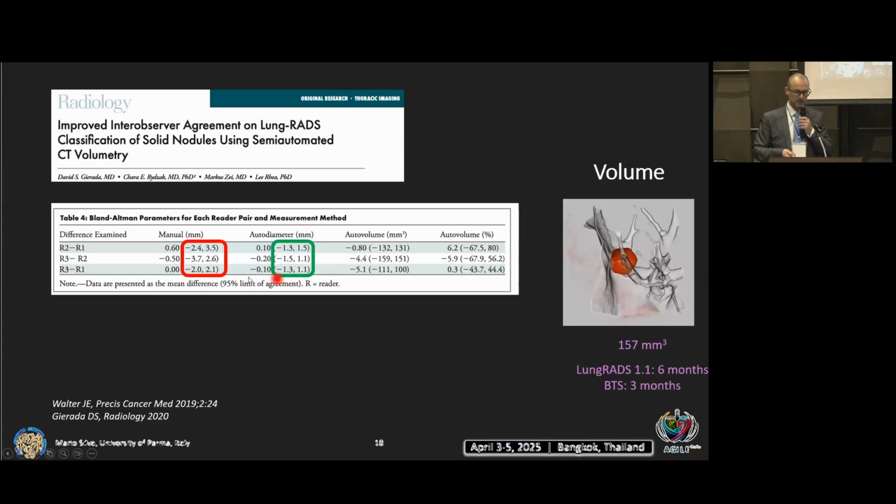So you will find a difference of 3 times, 2 to 3 times. And this is extremely important because we would really like to be consistent with intra-observer variability, which is already difficult. We would like to be even consistent across different readers. And this is exactly the problem when you use those manual diameters. It varies by a lot.